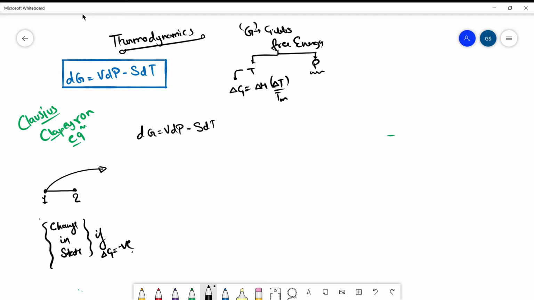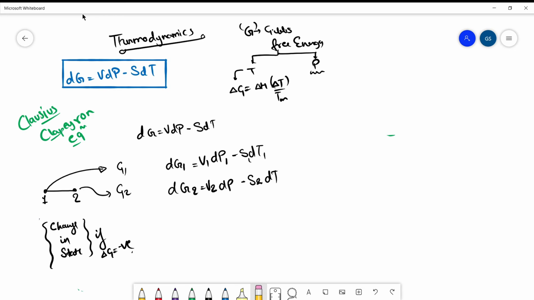Let's write dG for state 1: V1 dP minus S1 dT, and the same for state 2: V2 dP minus S2 dT. There is no need to write subscripts on the differential terms because they are very small, so dP in this state and dP in that state are obviously the same thing.